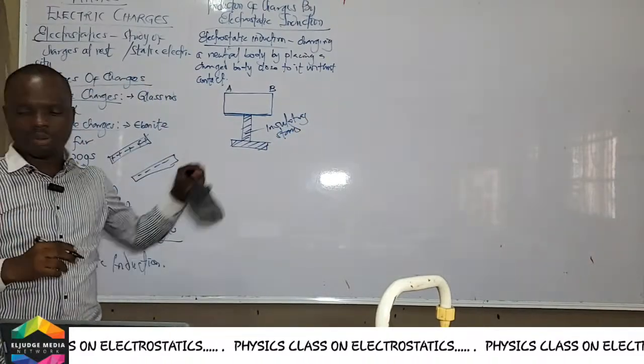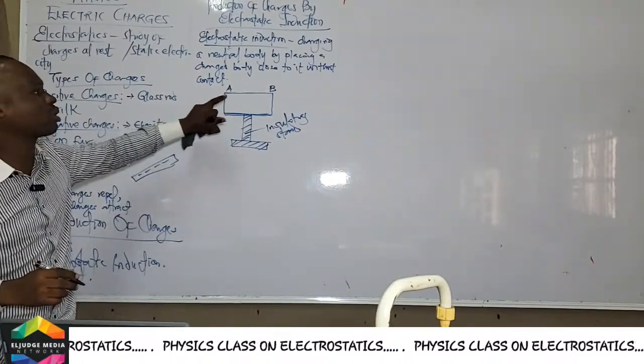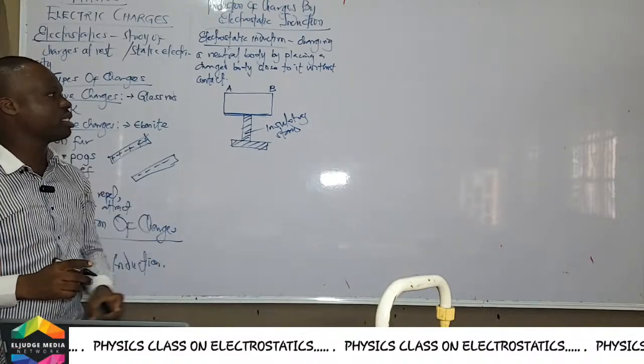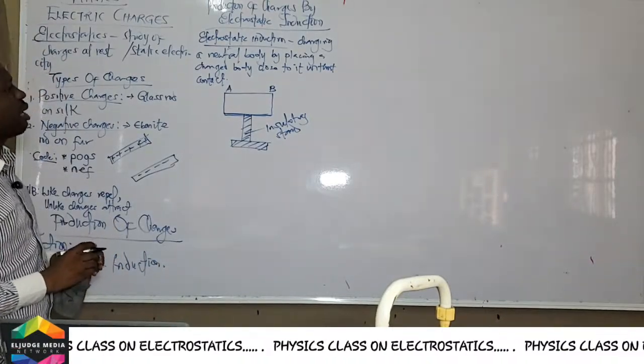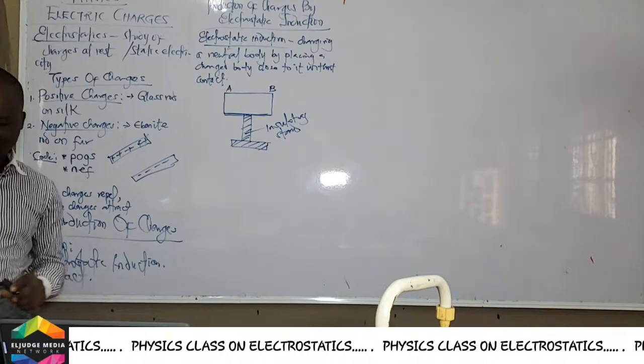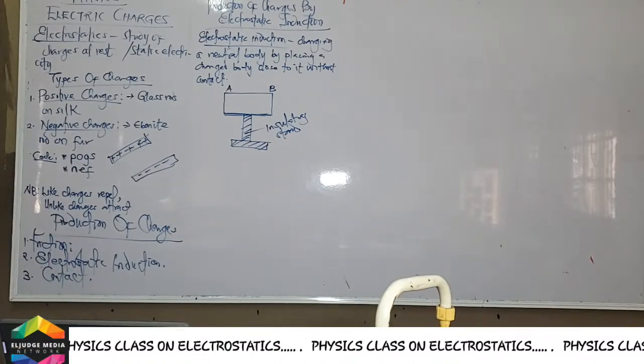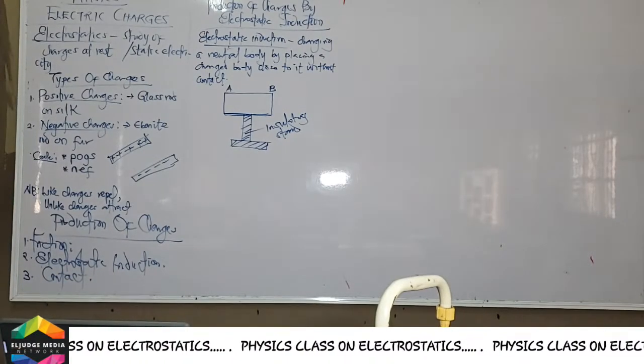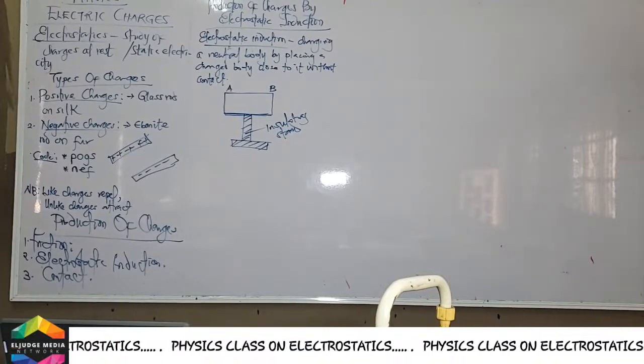So you are mounting this conductor AB on this insulating stand. This conductor AB is a neutral body because it has an equal number of positives and negatives.